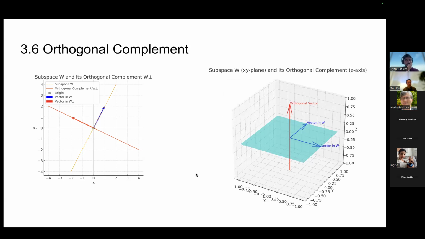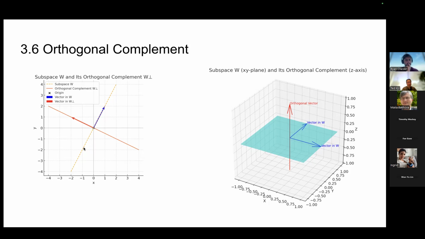So the next concept they talked about was the orthogonal complement. I was looking at this in the book and I wasn't entirely understanding the visualization. So I took this to ChatGPT and I said, make a plot of this. And I like these plots a little bit better than what was in the book. So this is showing you have this 2D space and then you have a certain subspace of it.